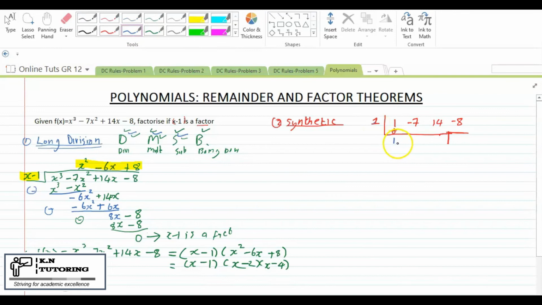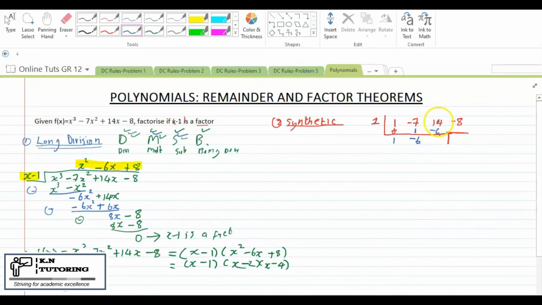Then I'll say 1 times 1, it's what? It's 1. I'm going to write it there. Then here, instead of subtracting, I'm going to add. So minus 7 plus 1, I'm going to get minus 6. Okay? And then I take this minus 6 again and multiply it with 1. Then I will get minus 6.